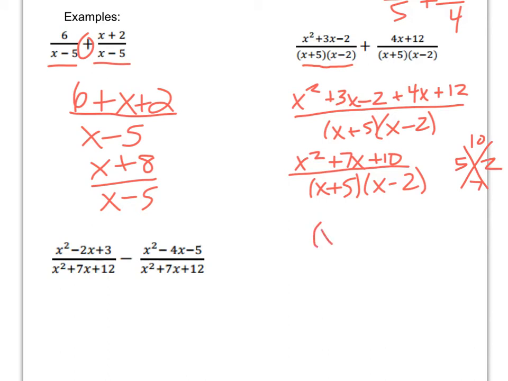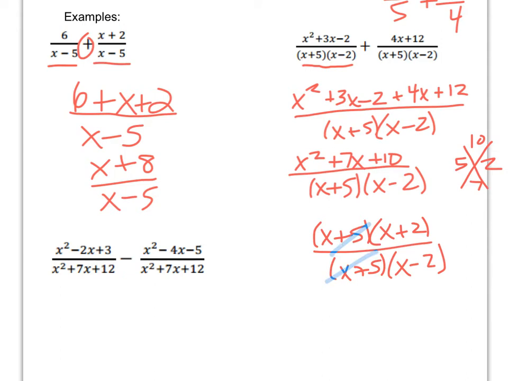So that gives me (x plus 5)(x plus 2) over my denominator (x plus 5)(x minus 2). And now I have a common factor that I can reduce to 1, which gives me a final answer of x plus 2 over x minus 2.